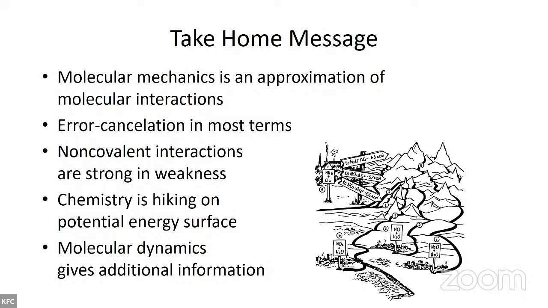So we are trying to be on the safe side there, but there is error cancellation. The non-covalent interactions are strong in their weakness because of their numbers. And we are basically moving along some kind of a potential energy surface, and the molecular dynamics simulations can give us that.